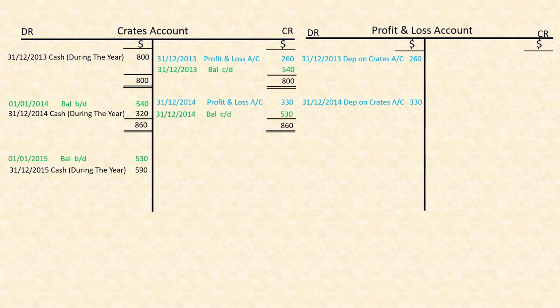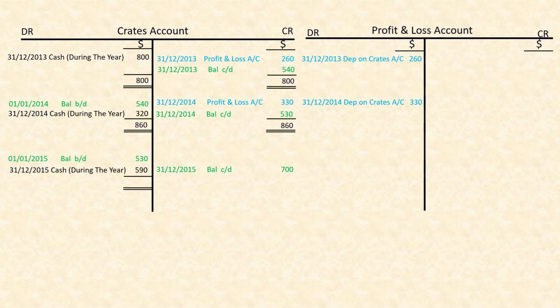We said the closing figure is being credited. The closing balance in an asset is being credited under normal circumstances. Now, we'll use that one on the credit hand side so that we have 700 and we have 530 plus 590.